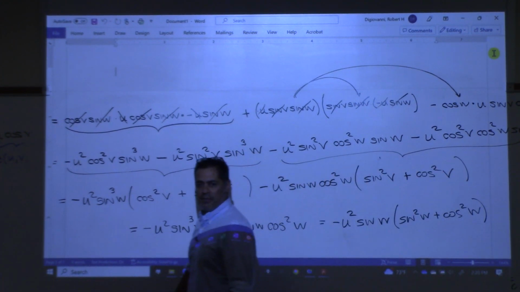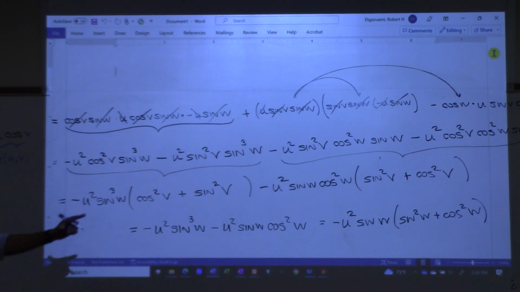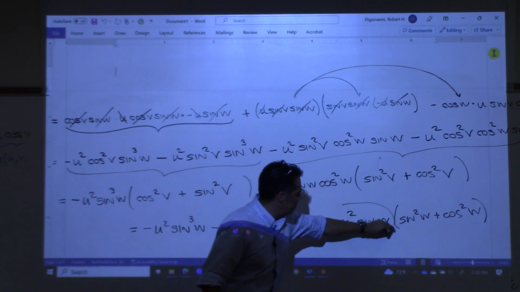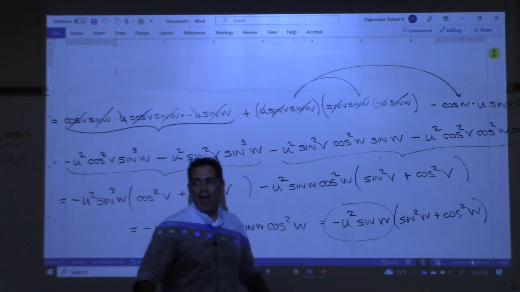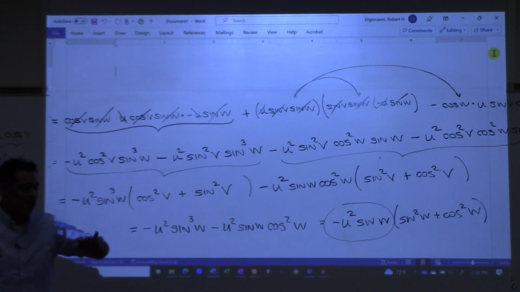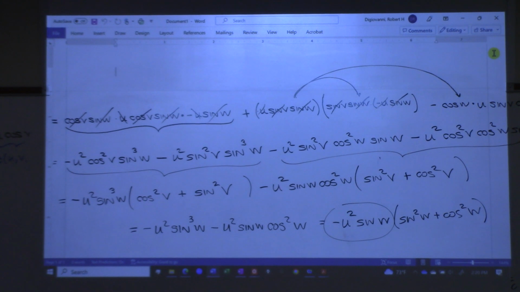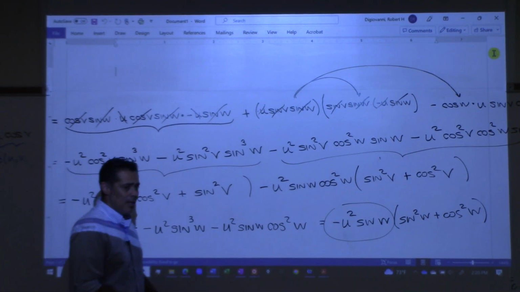If you pull that GCF out, the sine squared w plus cosine squared w is 1, and that leaves you with this. Now, we're supposed to take the absolute value, right? I left that out. Do it here at the end. The absolute value of that would give us u squared sine w. And remember, what was u? U was rho, so rho squared, and then w was phi. So rho squared sine phi.